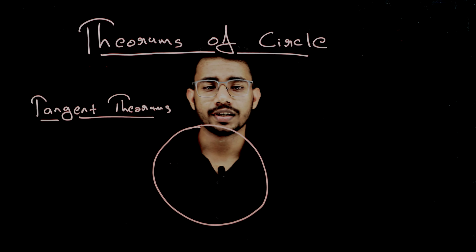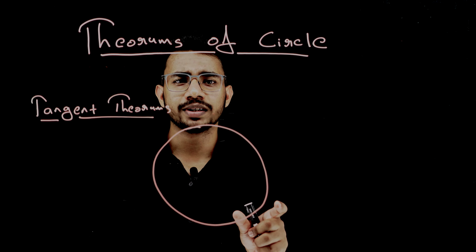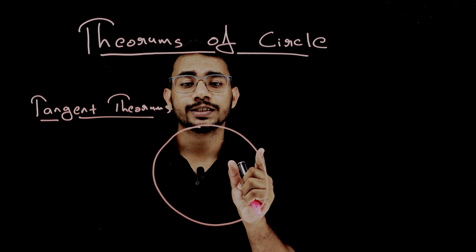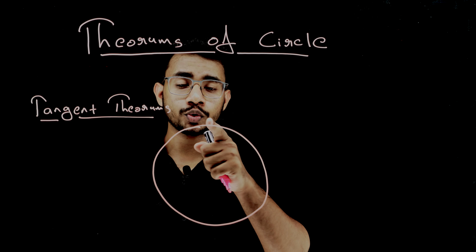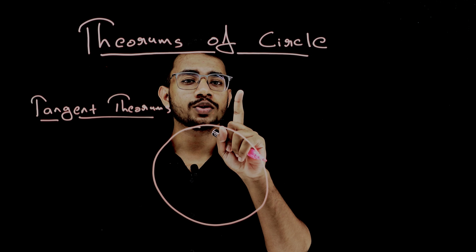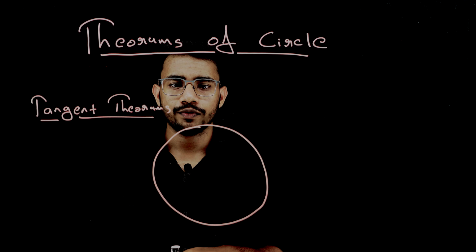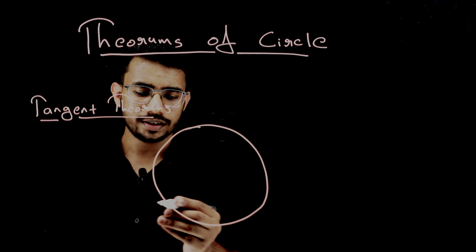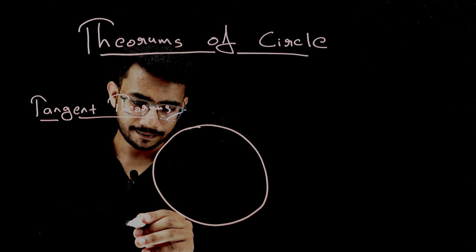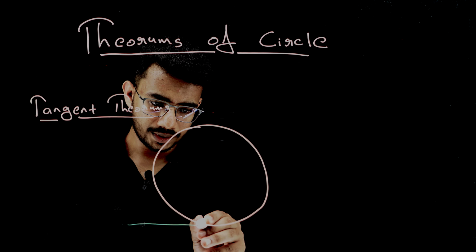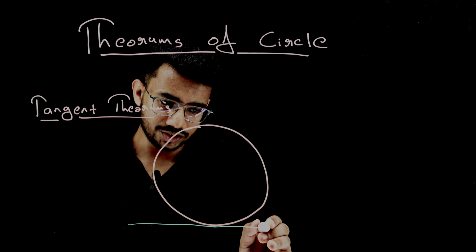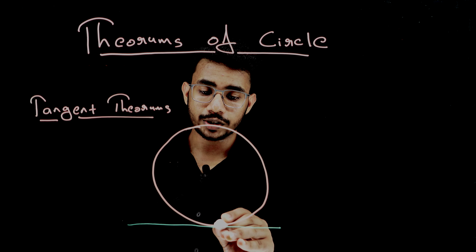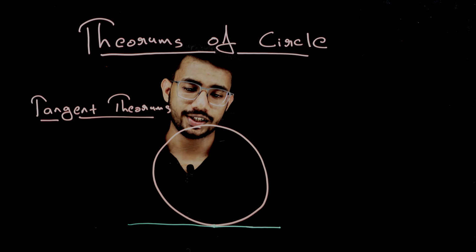So I'm having a circle like this. A tangent is nothing but a straight line that is passing through one of the points on the circle itself. And through that point, I can draw only one tangent. For example, this being one of my tangents.